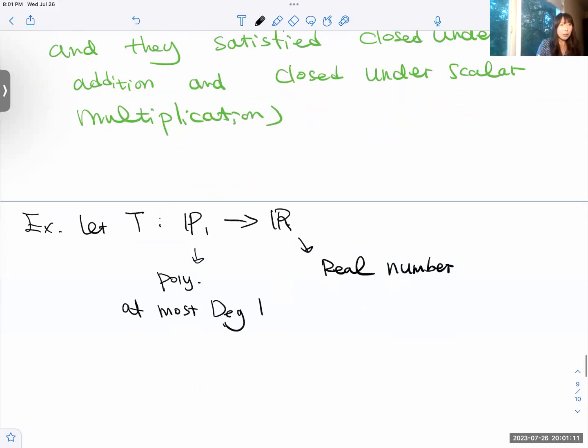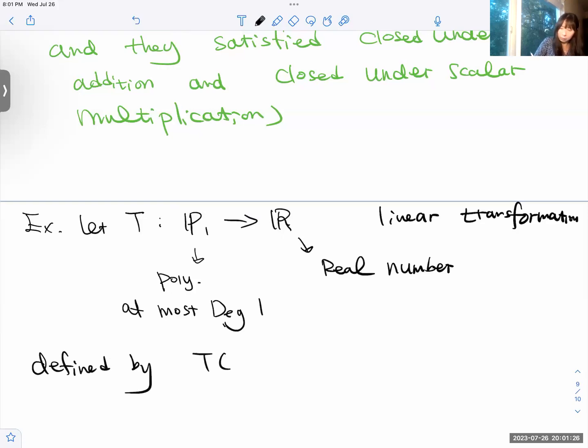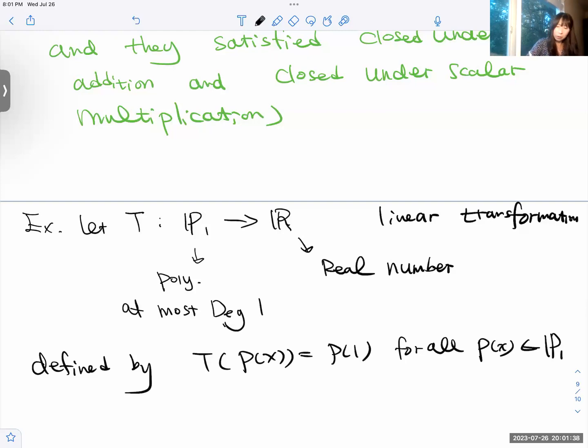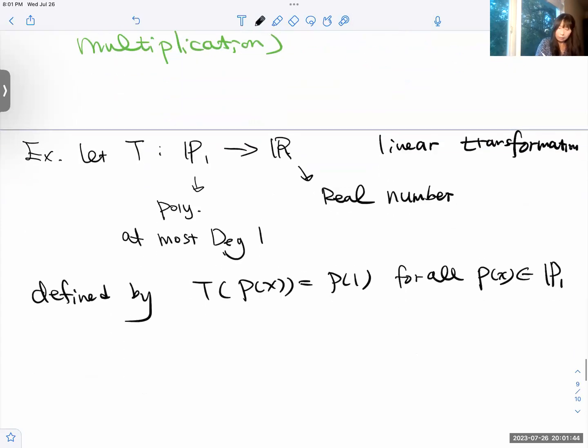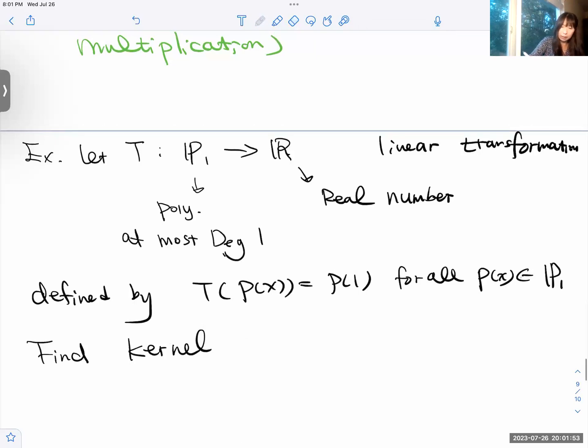This is defined by T of P of X equals P of 1, for all P of X in polynomials of at most degree 1. Now find the kernel and image of T.